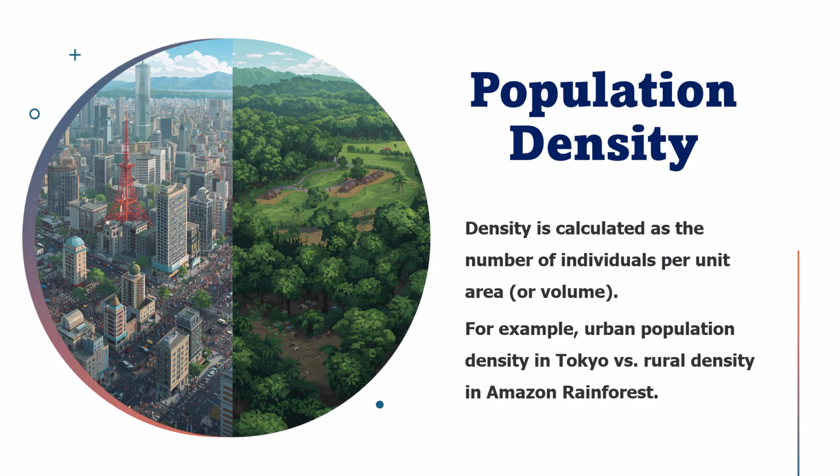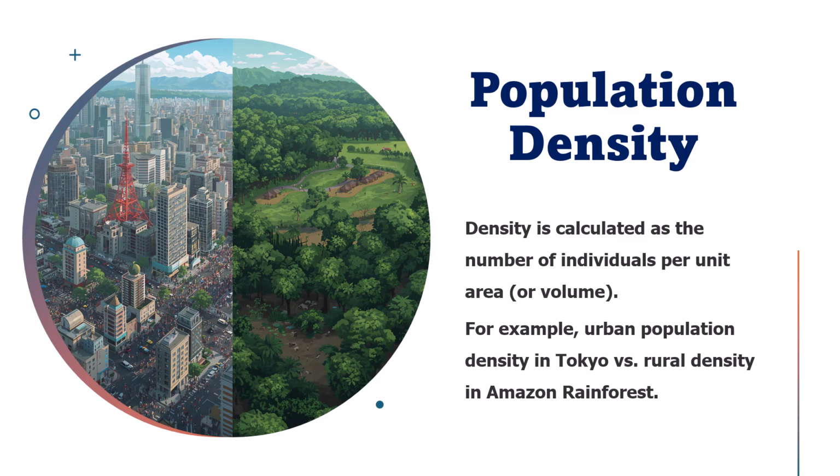Population density measures the number of individuals per unit area or volume and provides critical insights into resource use, competition, and environmental impacts. High density, such as in urban areas like Tokyo, can lead to greater stress on infrastructure, healthcare, and resources. In contrast, low-density regions like the Amazon rainforest reflect different ecological dynamics with abundant space and less direct competition.